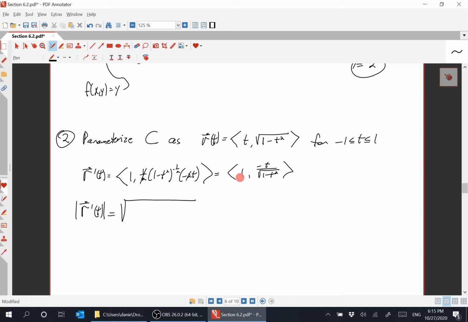Well, that's the square root of this squared plus that squared. 1 plus t squared over (1 minus t squared), so minus t over the square root of 1 minus t squared, that quantity squared. So this is (1 minus t squared) over (1 minus t squared) plus t squared over (1 minus t squared), which is 1 over the square root of 1 minus t squared.